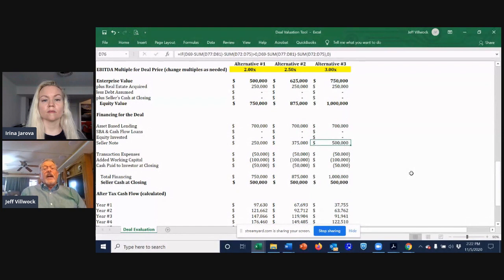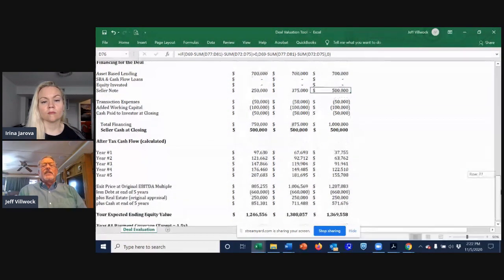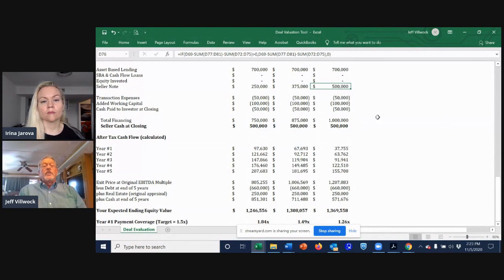We're saying he's going to have a $500,000 seller note on $1 million purchase. And he's saying 50% of this purchase price, you want me to carry in a note? Heck no. So this is a thing to be negotiated and considered as you're going through this. Okay. So by the end of this, we financed the deal on 3 different purchase prices.